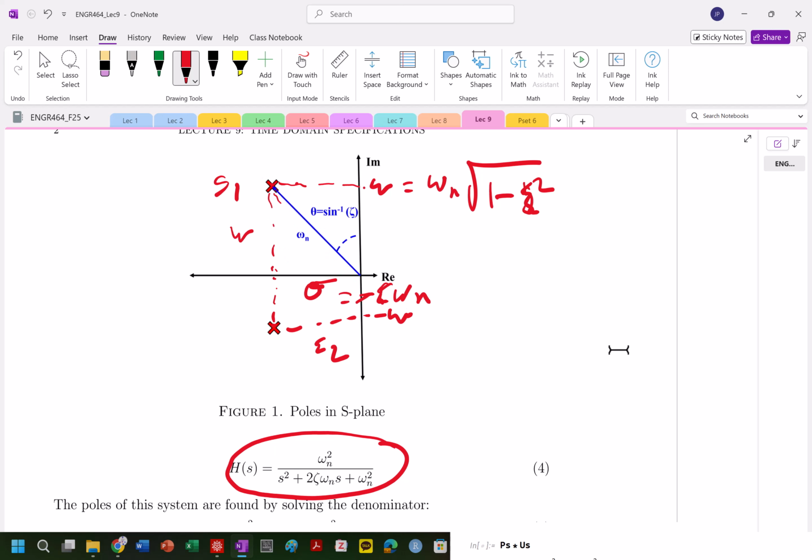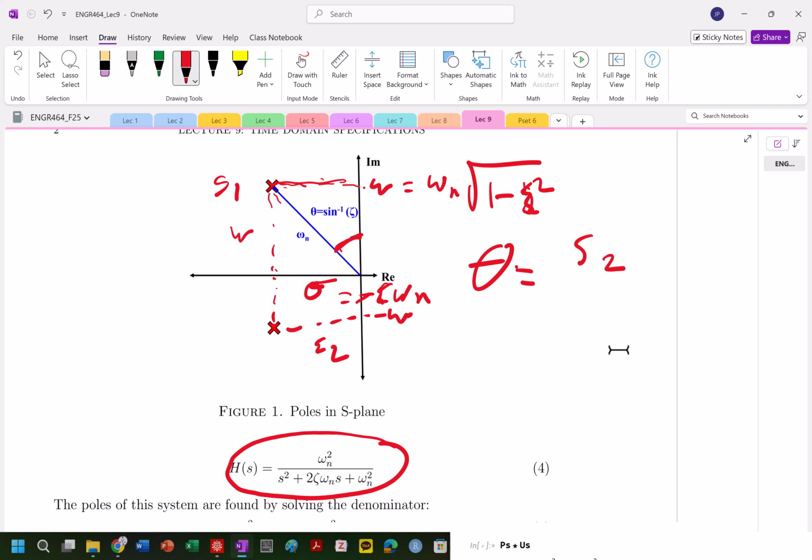Now, what about this angle here? This angle is going to be our theta. And here we're saying it's equal to the sine of our damping ratio. So we know that theta equals opposite over hypotenuse. What is this distance here? That's our S2, correct?